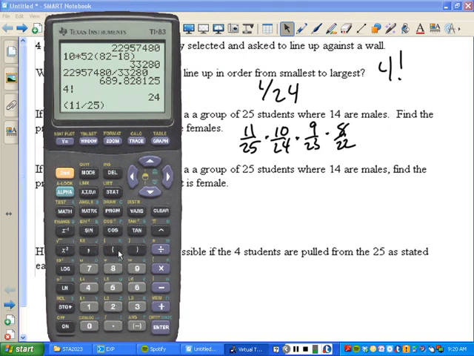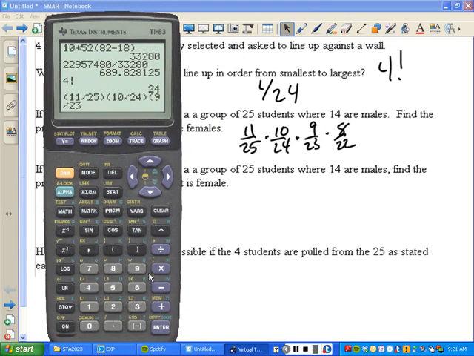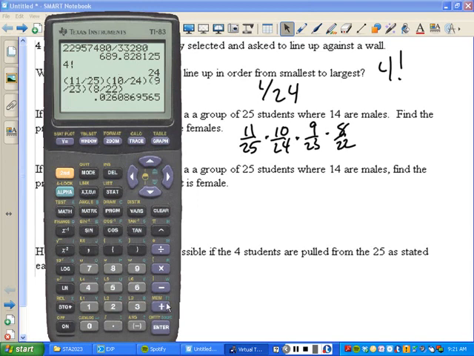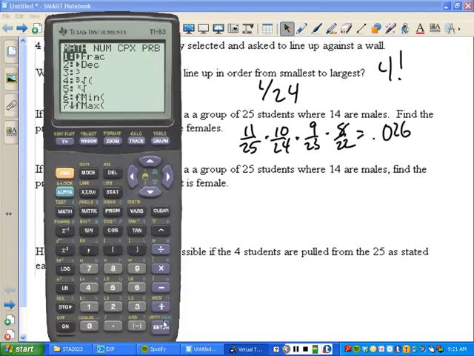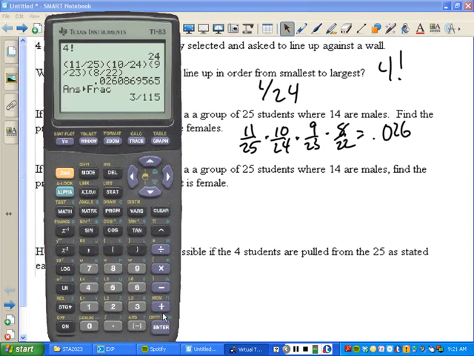You don't have to, but it helps you out a lot. 10 divided by 24, 9 divided by 23, 8 divided by 22. If you want to turn it to a fraction, you remember you can press Math, hit Frac, and you'll get 1 out of 1/15.